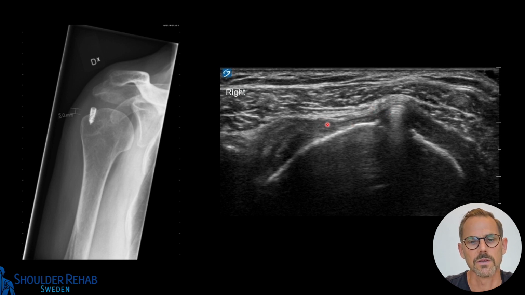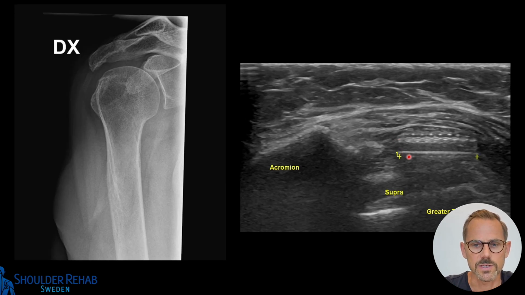So the suture and the supraspinatus tendon has retorn. So this was an elderly osteoporotic lady, so the osteoporosis is the reason that the anchor backed out. And backed out anchors are very uncommon, I would say. Retear is very common, but backed out anchors very uncommon.